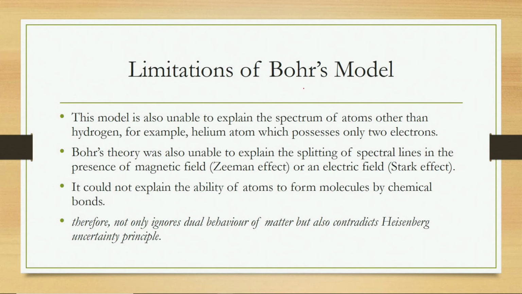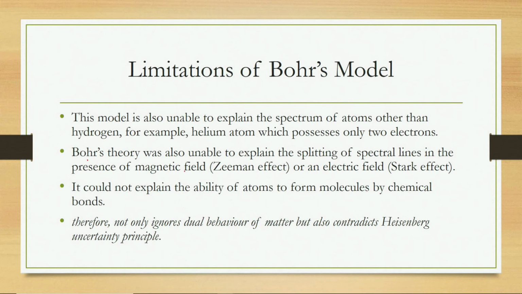Let's see what the limitations of Bohr's model are. This Bohr model does not explain species which contain two electrons. It is applicable only up to hydrogen or hydrogen-like species which contain only one electron.